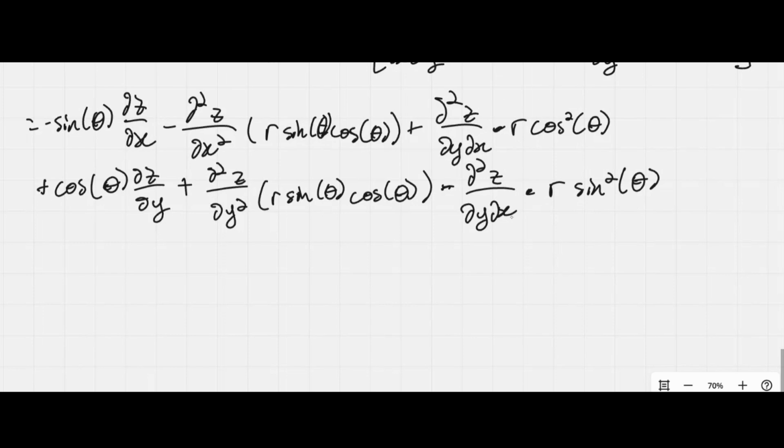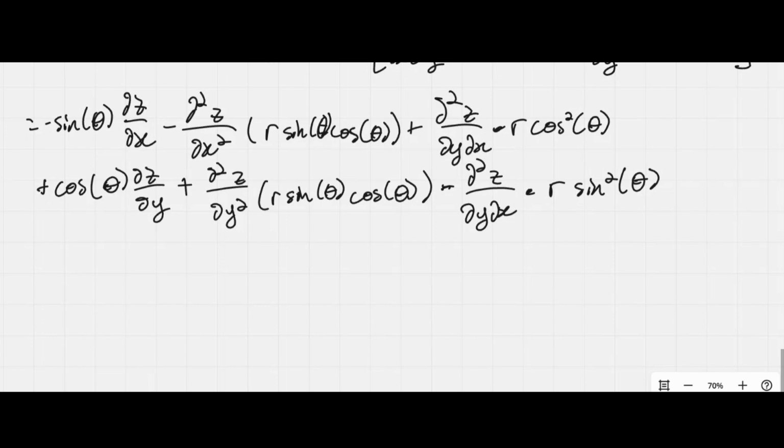And so we can definitely combine these two, that partial of z with respect to y and x. That's going to be r cosine squared theta minus r sine squared theta being multiplied by that term. Then we're going to have that r cosine theta, which can be combined over there, and then we're going to have two remaining terms.